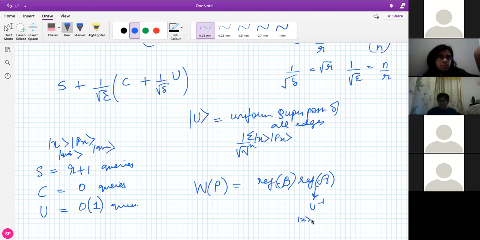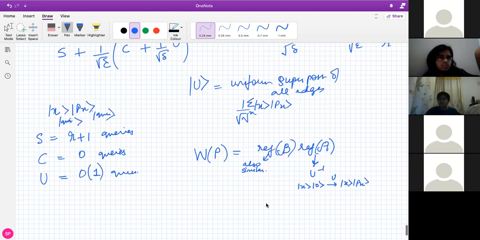It was x, 0 to x, p of x. This was my unitary, and it was a reflection. It was the opposite reflection, and this was also similar.